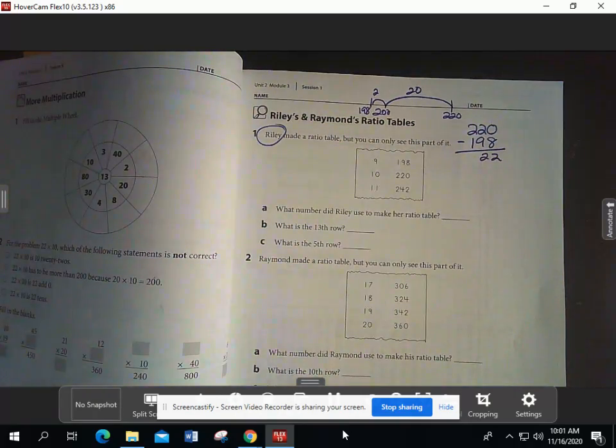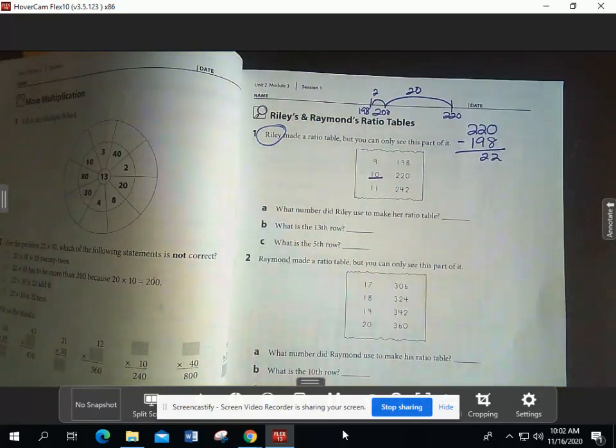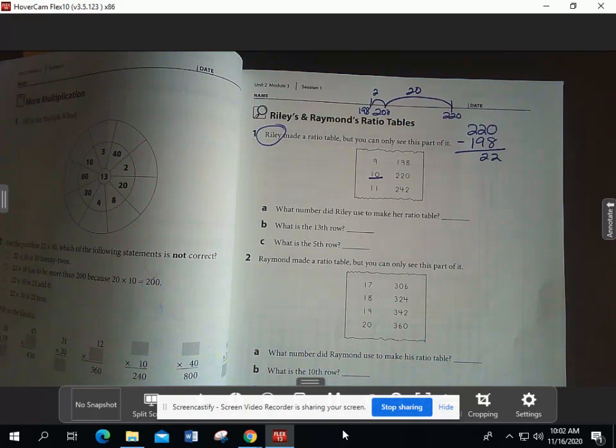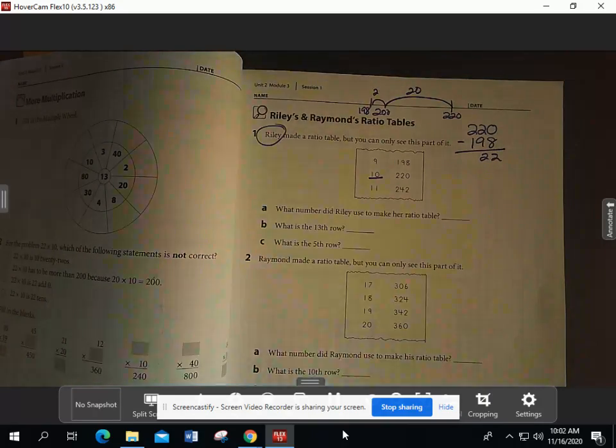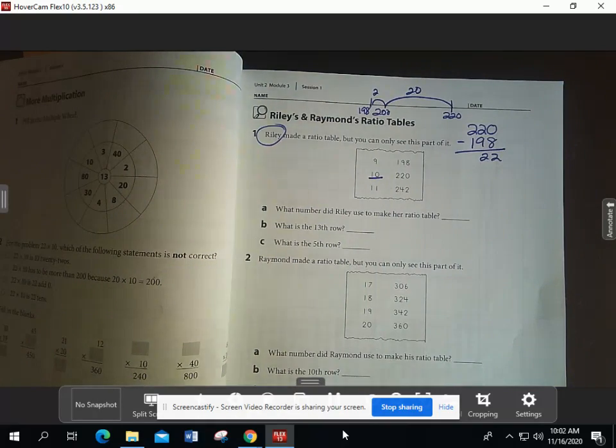What did you figure out, Luke? I saw the 10. So I stuck the 20. Then I took the 0 away from the 220. Okay, be careful with taking the 0. You're thinking of it like how many groups of, we have 10 groups of what?